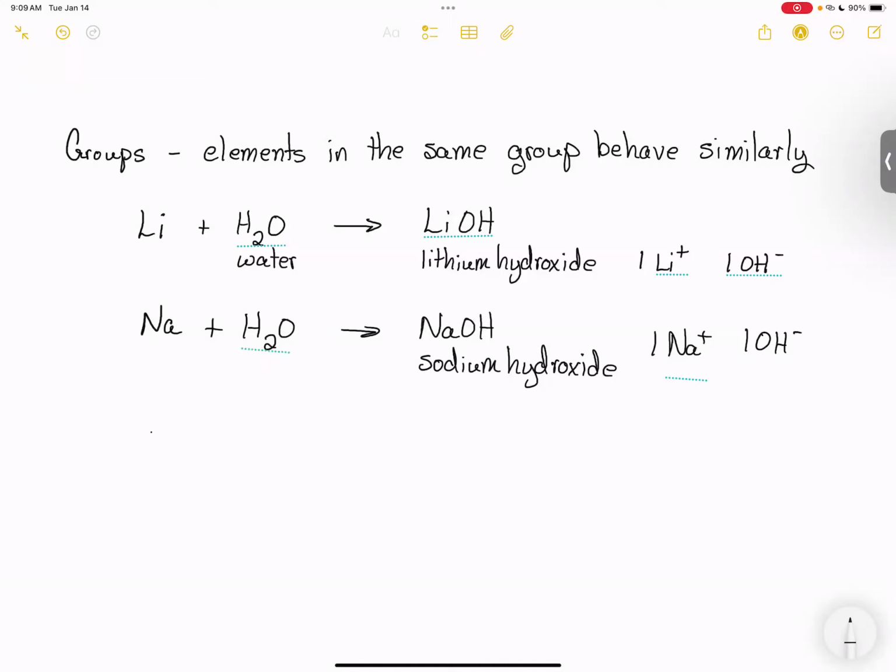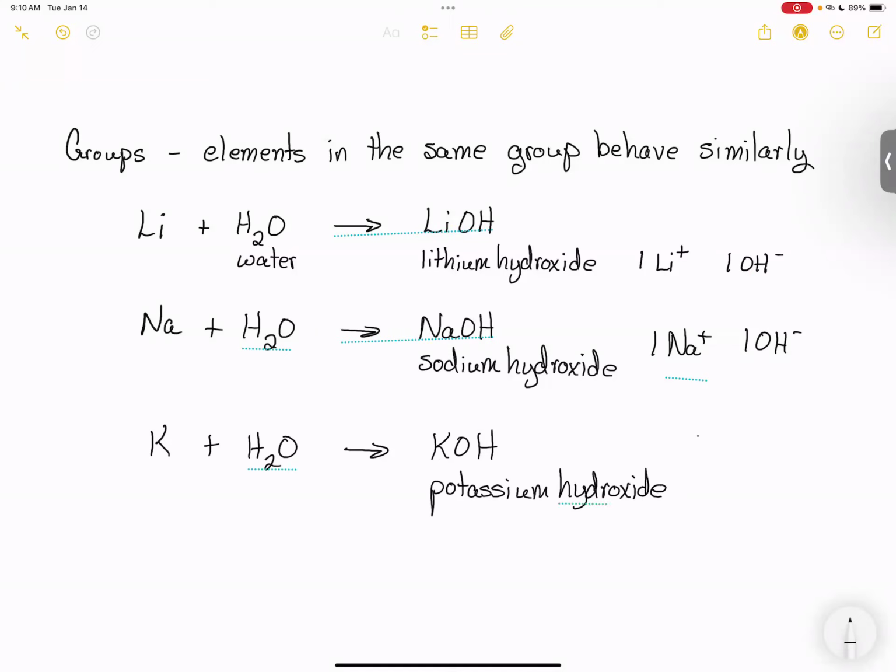When you put potassium in water, you get out potassium hydroxide, which has one potassium ion and one hydroxide ion.